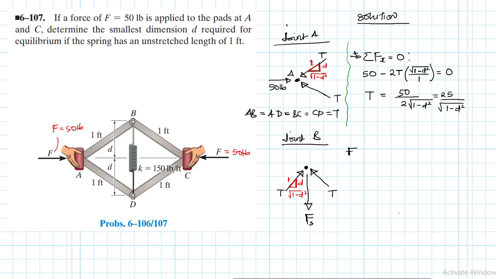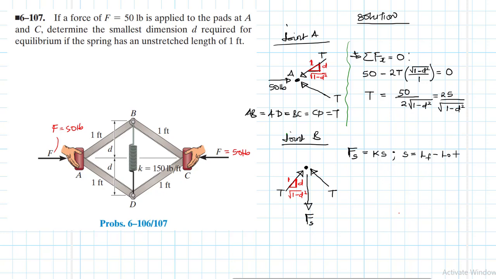So we know that according to Hooke's law, the spring force is equal to the spring stiffness times the change in the length of the spring. And S itself, which is the change in the length, can be written as L final, the final length of the spring, minus the original length.